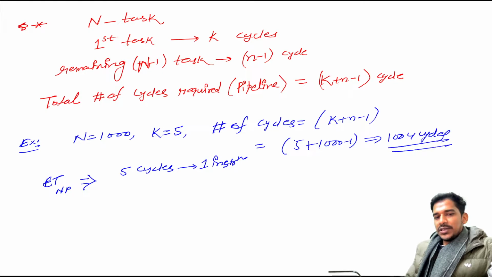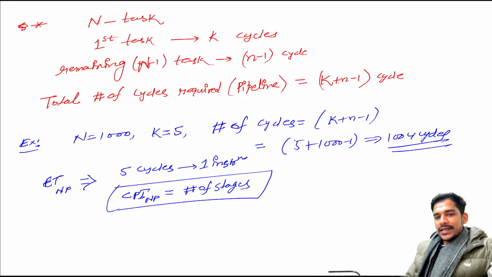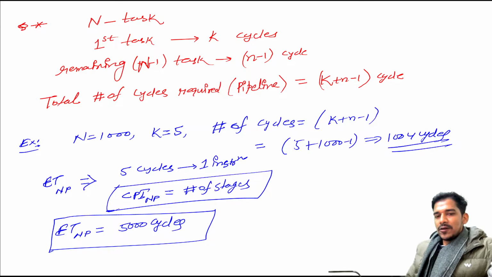This means that the CPI of the non-pipelining processor is actually equal to the number of stages, or you can say the execution time of non-pipelining in number of cycles will be 5000 cycles, right?